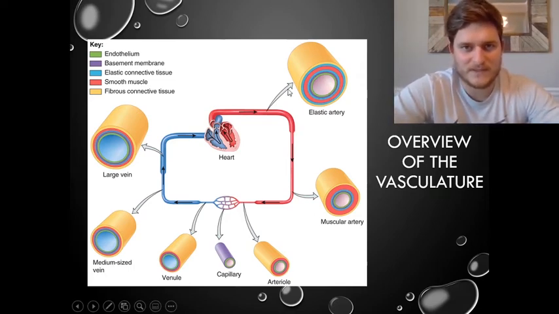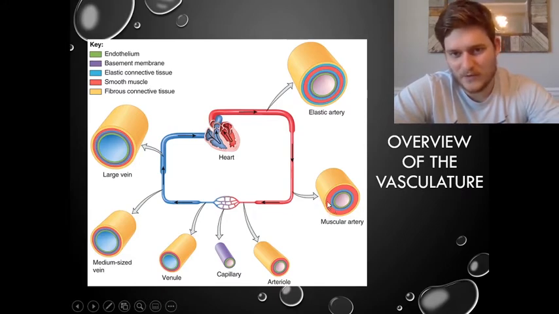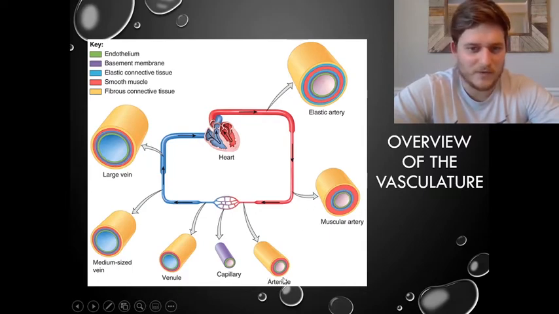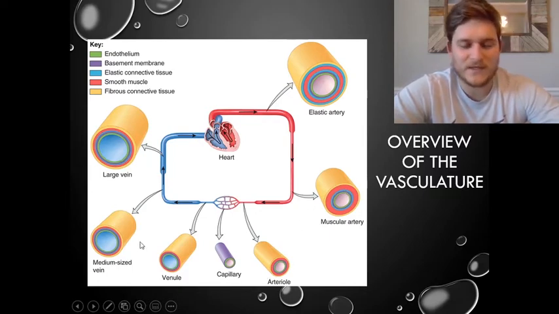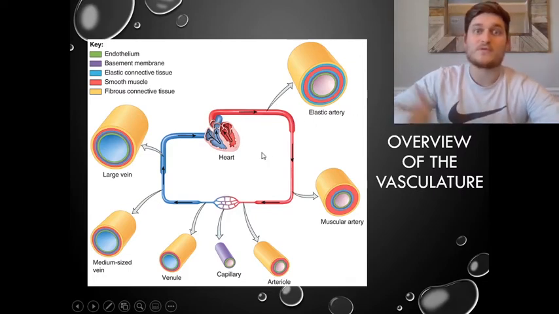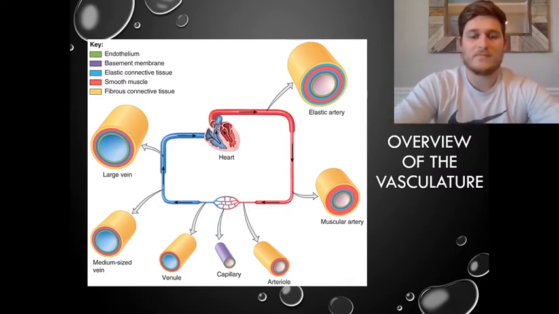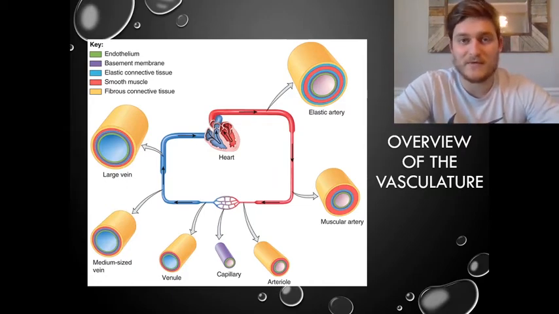On the arterial side, you could see the density or the cross-sectional area significantly greater on the arterial side than it is on the venous side, because we're going to have to use those smooth muscles in order to deliver more blood or less blood to different areas of the body.